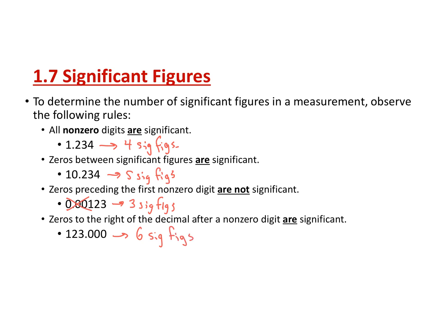And another one that comes up, I should have written in here, are trailing zeros. Trailing zeros are not significant unless a decimal place is used.